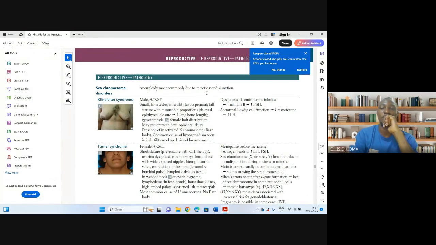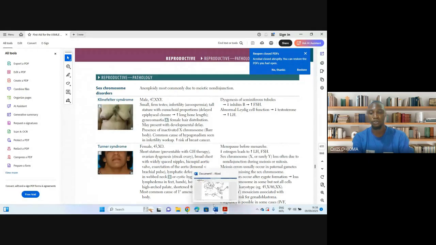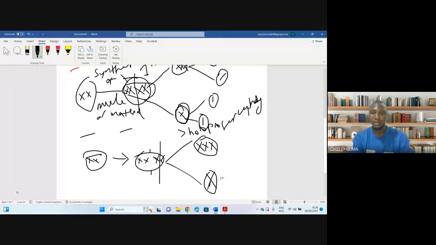So there's a meiotic non-disjunction of the chromosomes, and it's an aneuploidy. Aneuploidy simply means an unequal number of chromosomes. Anytime you have an unequal number of chromosomes, you call that an aneuploidy.